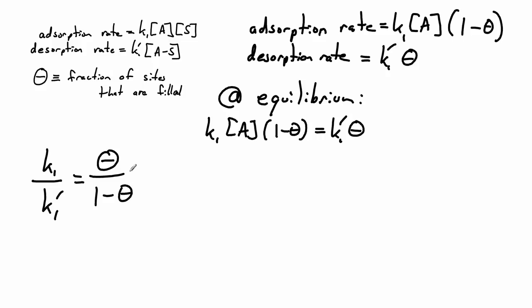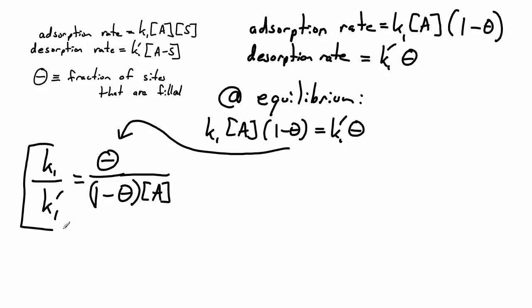And we have to divide both sides by the concentration of adsorbate. We can recognize this is just the equilibrium constant, the forward rate over the back rate.